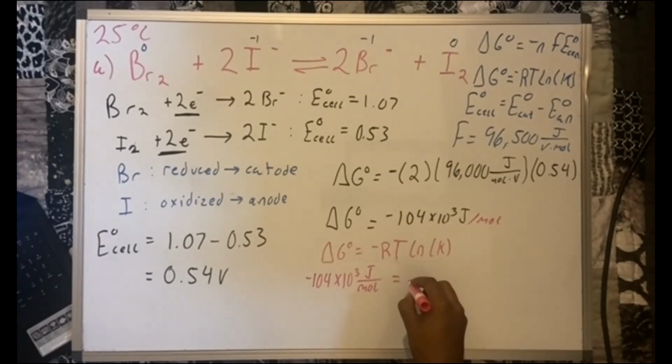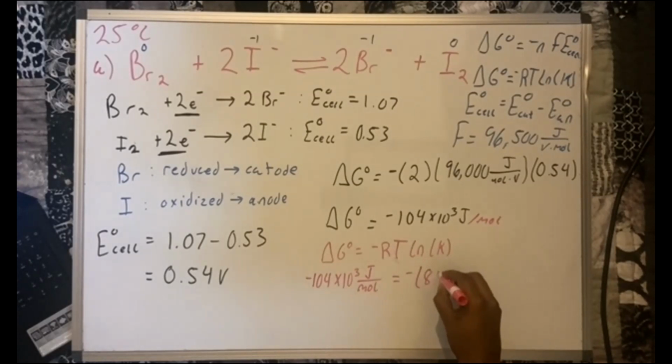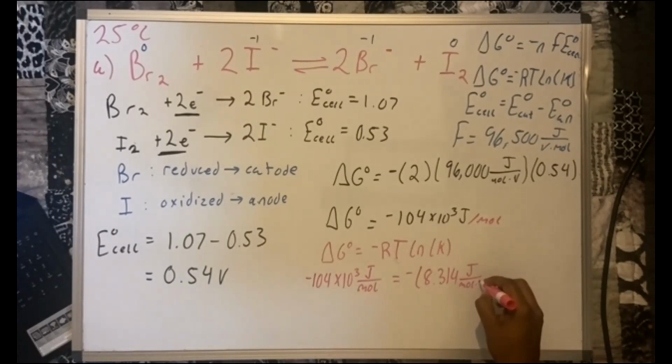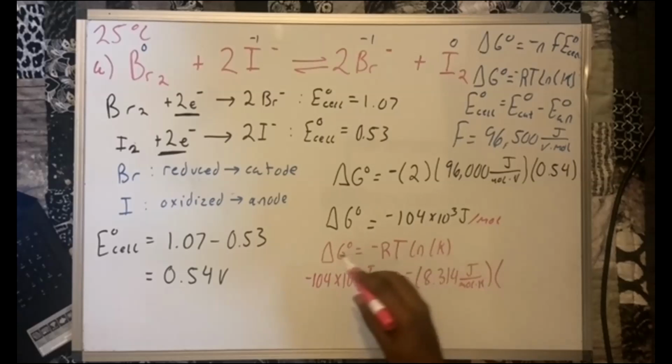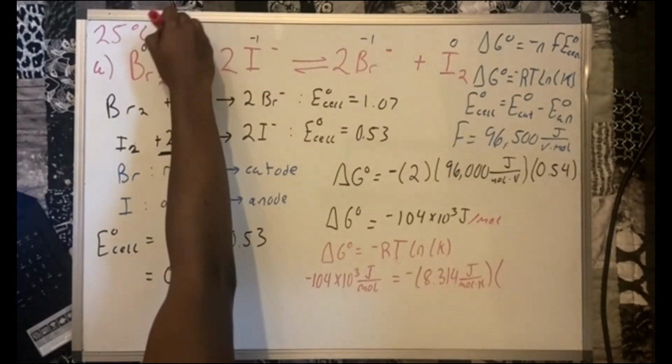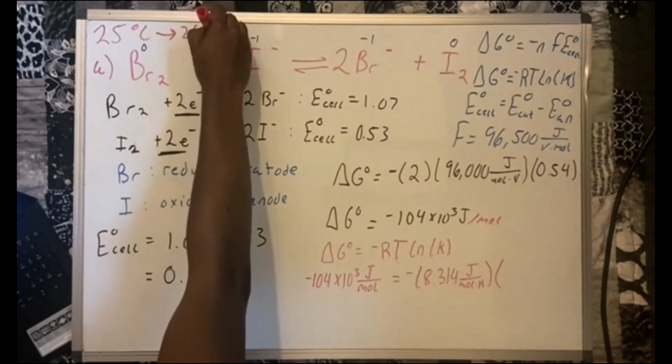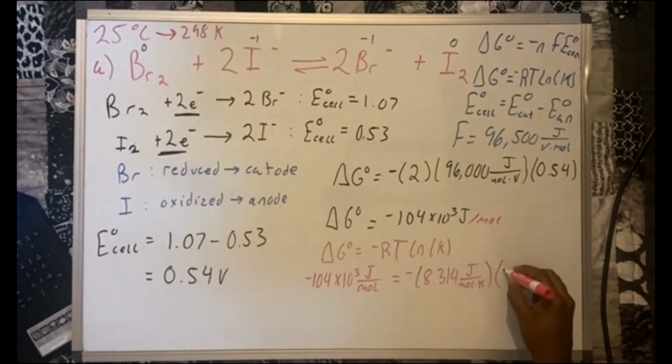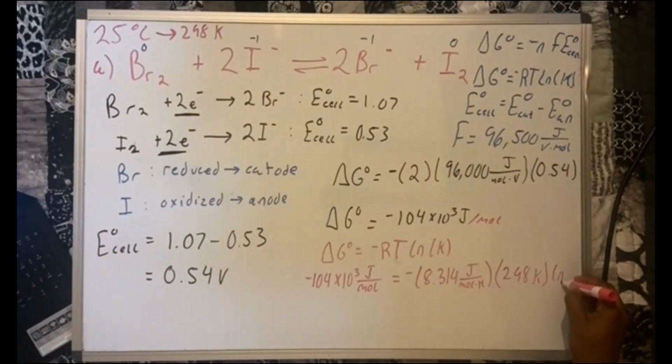And that's going to equal -8.314 joules per mole Kelvin times our temperature, which is 298 Kelvin, with the natural log of K.